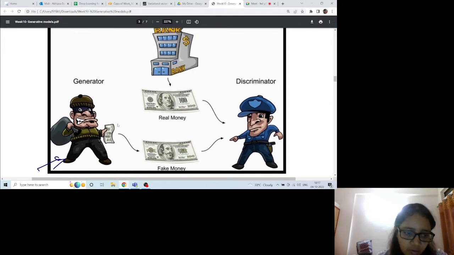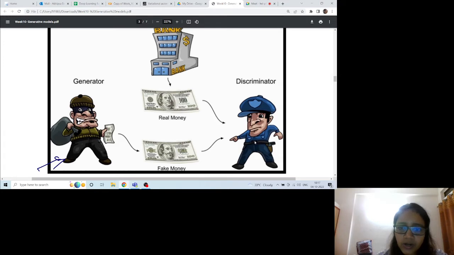Your foremost important action would be to create such currencies, such notes which look so realistic in nature that you cannot differentiate between real and fake at all. The police cannot, right? So the generator will keep on trying to create notes which look very, very similar to the real ones, so that the discriminator is fooled, right?